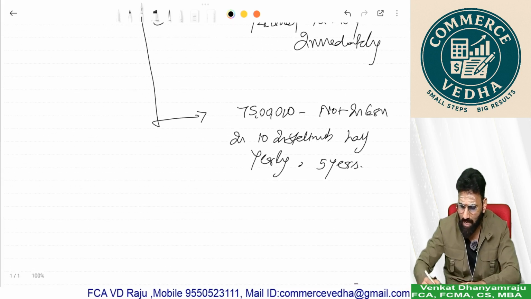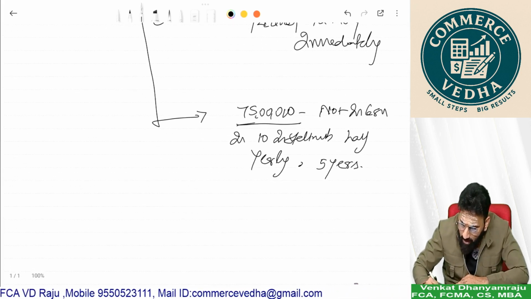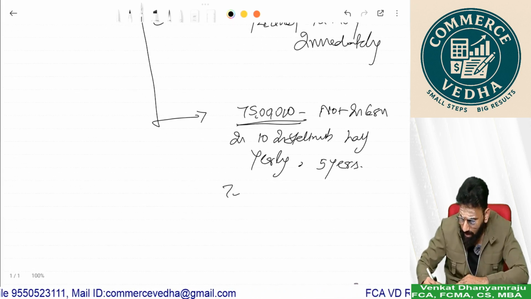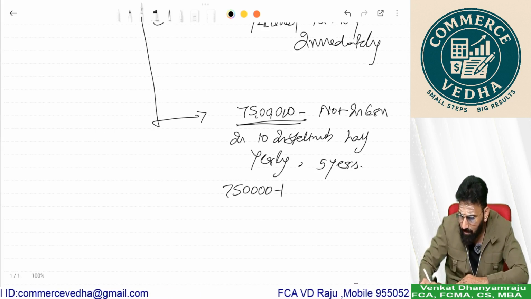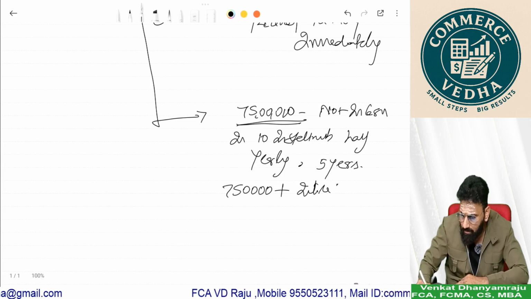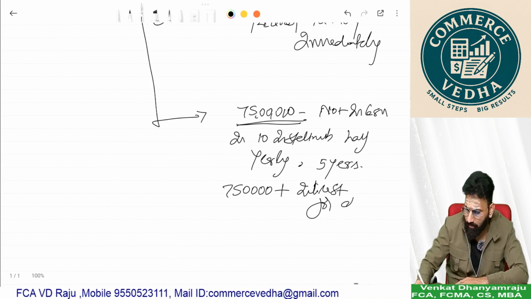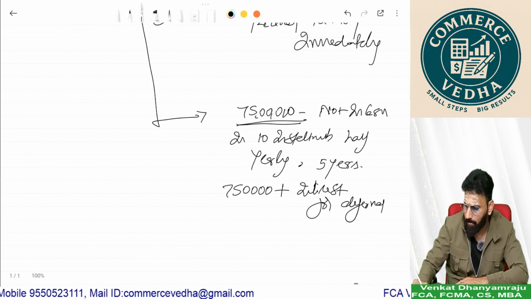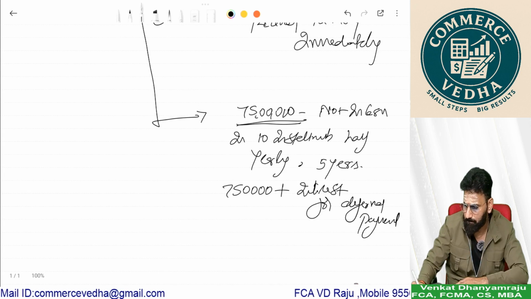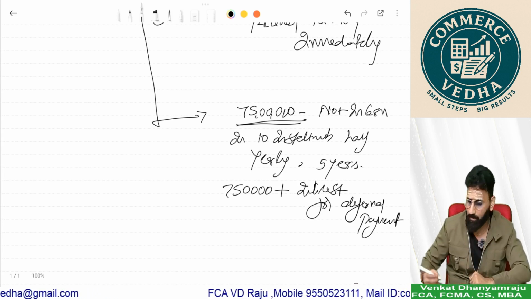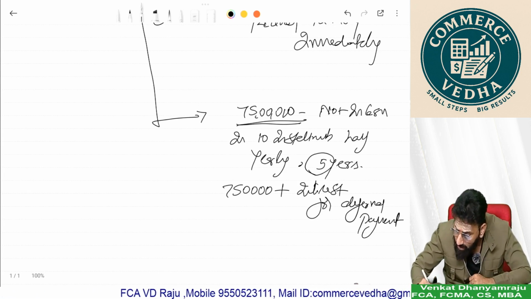And the price charged to him can't be 75 lakhs because it should be 75 lakhs plus interest. Interest for deferred payment, because he is paying in 5 years time.